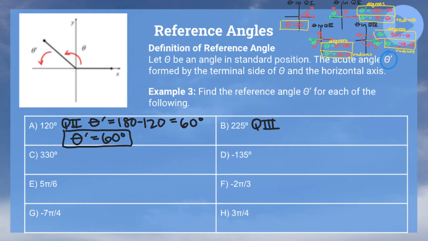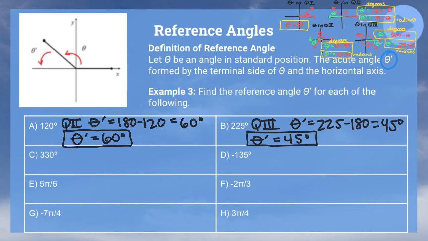And that formula is theta prime equals theta minus 180 degrees. So that would be 225 minus 180, which would equal 45 degrees. So theta prime is 45 degrees.